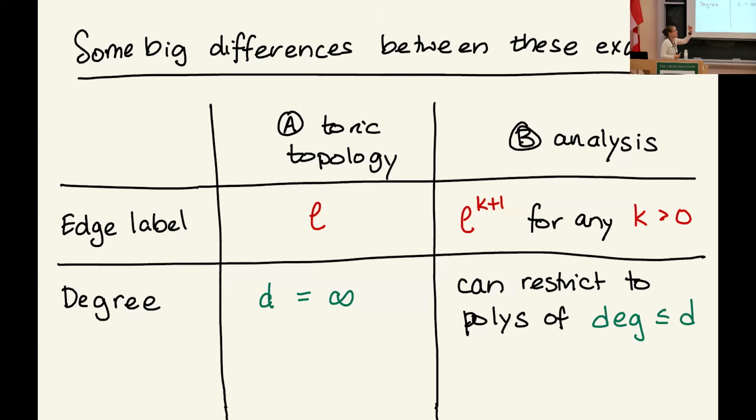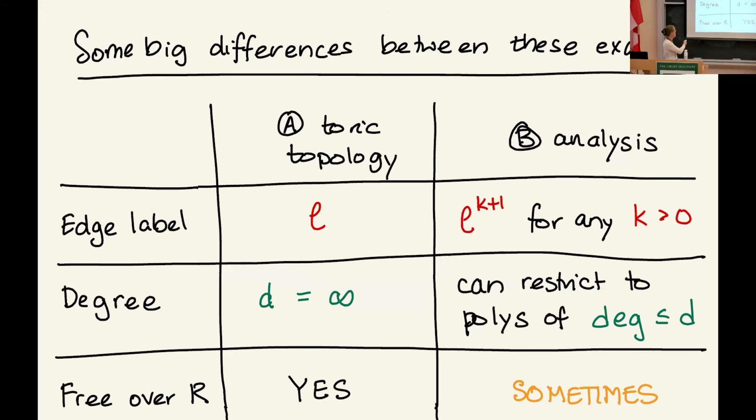Generally in analysis, they go the opposite direction. They will always restrict to degree less than or equal to D. One reason they do that is because then they end up with a finite vector space. So they usually want to use the real numbers, they would not like to use the complex numbers, but they wouldn't like to use the integers either, because they want a full-on vector space. So that would be another piece.